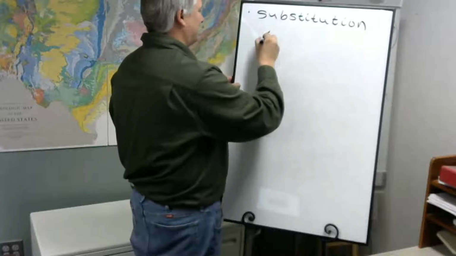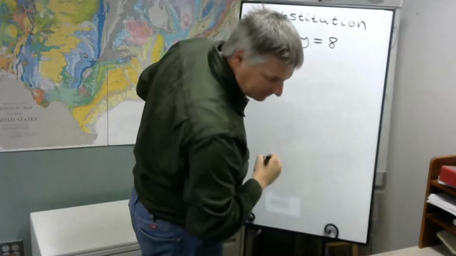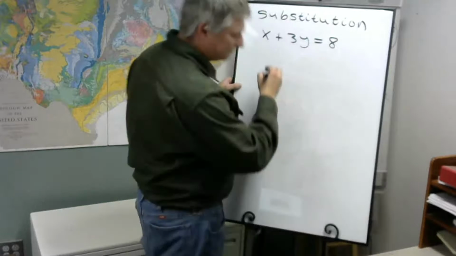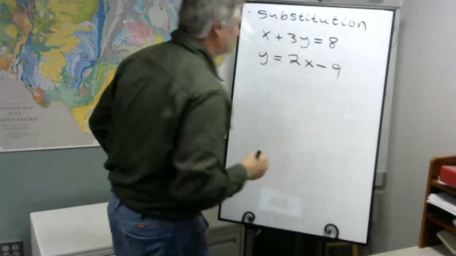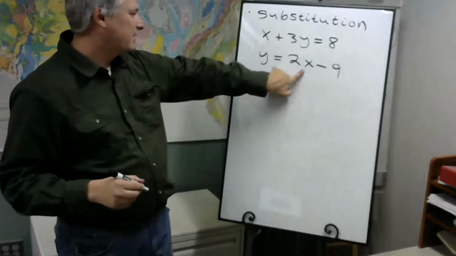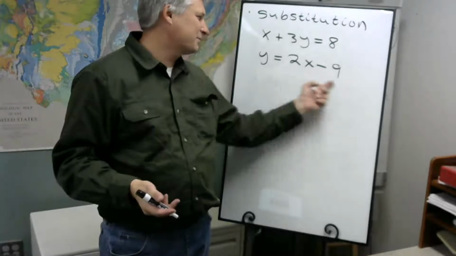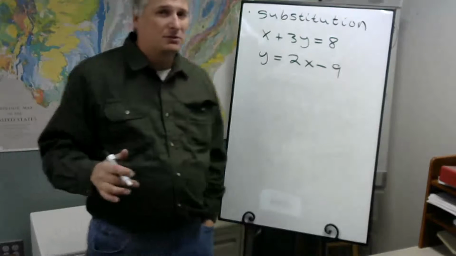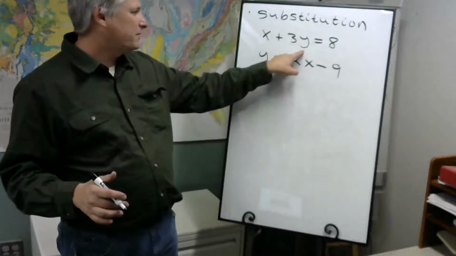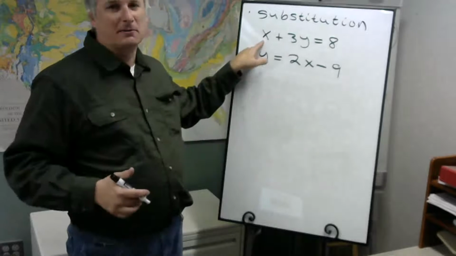So let's say we have something like this. Now, we have two variables. Here we've actually solved for one of the variables, but we're getting an expression with an x in it. We don't get just a number by itself. So the idea of substitution is this. We replace one of these variables with an expression that contains the other variable.